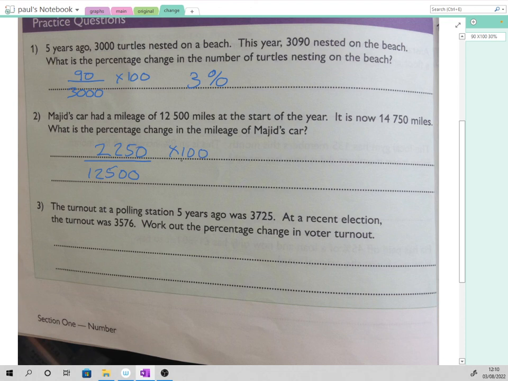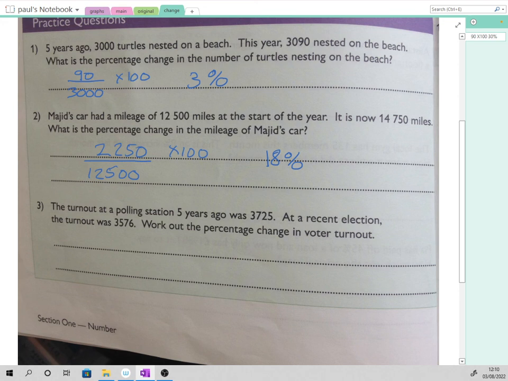So we've got 2,250 divided by 12,500 times by 100. 18%. Okay. Next question.